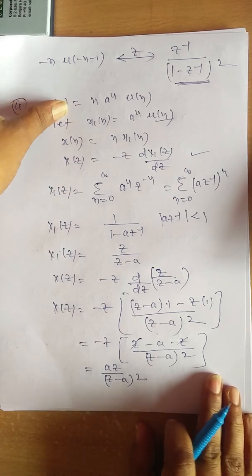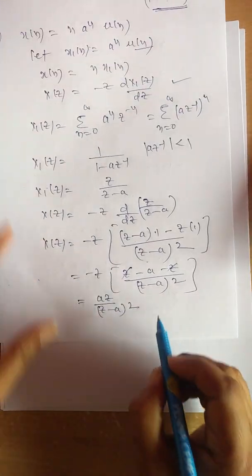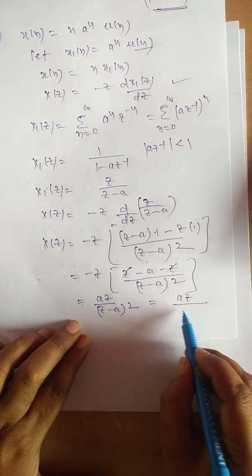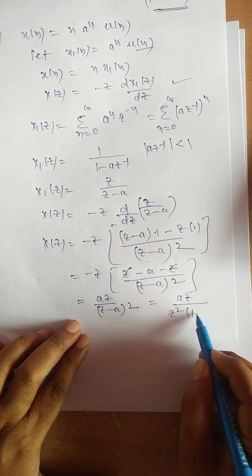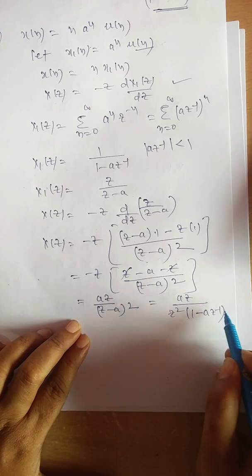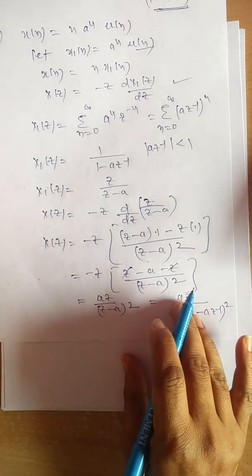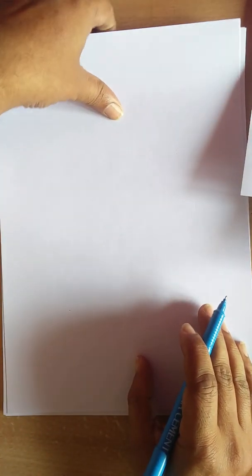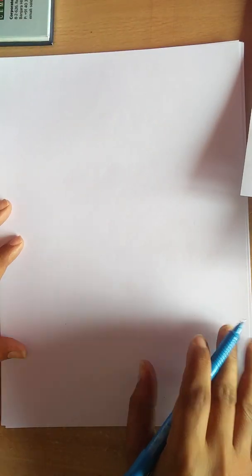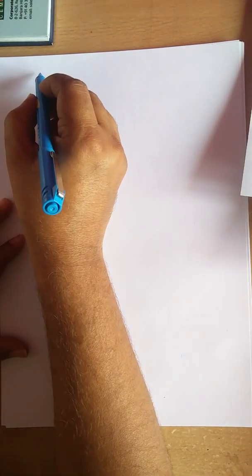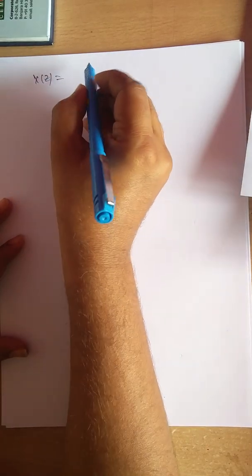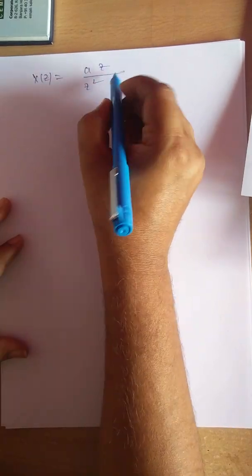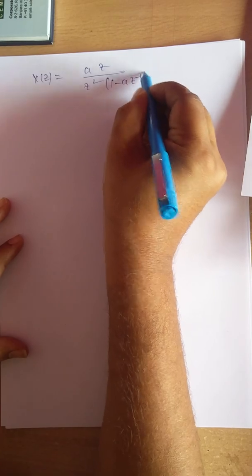Now again this can be written as az as it is. In the denominator, let's take z common, it will become z square into 1 minus a z inverse its whole square.